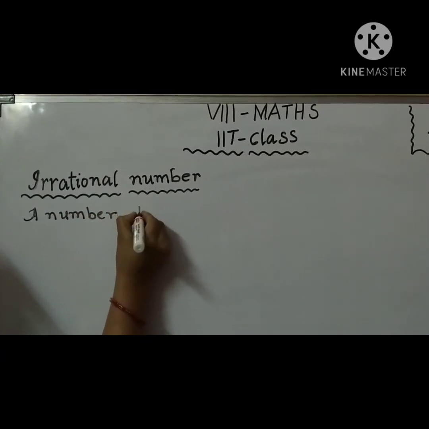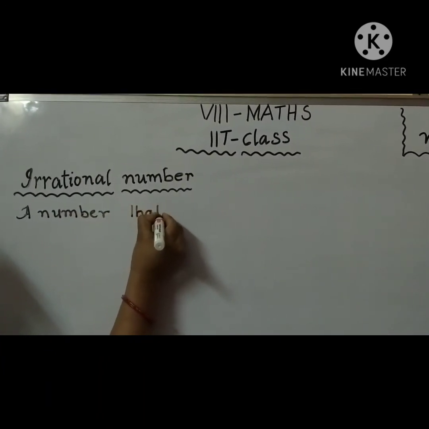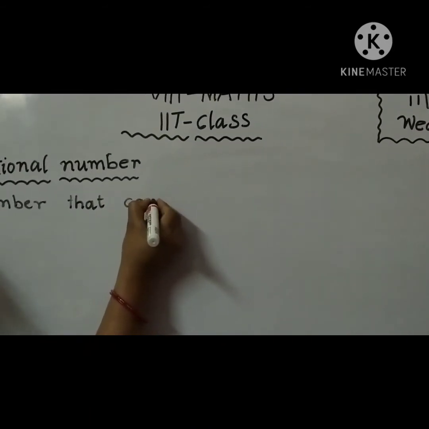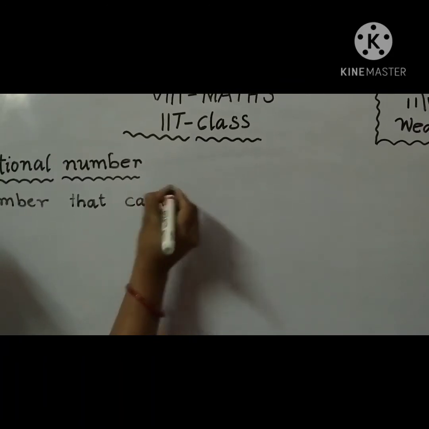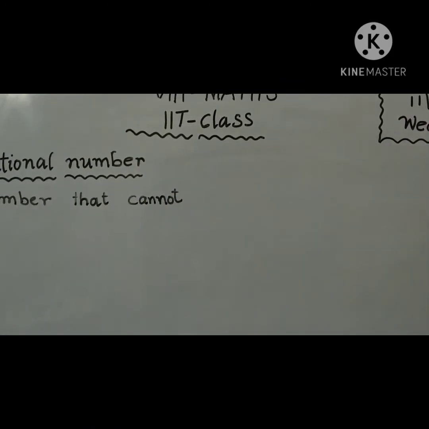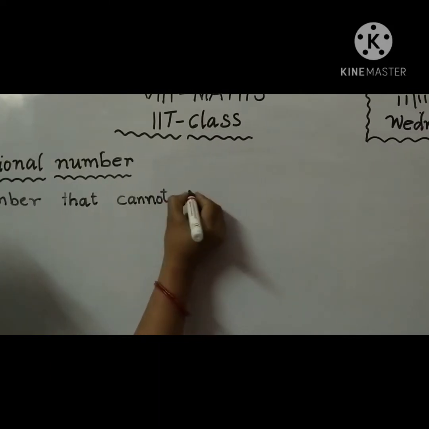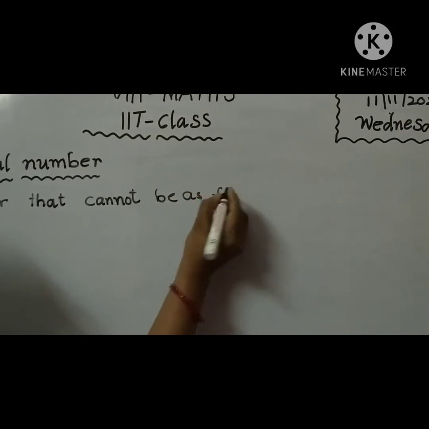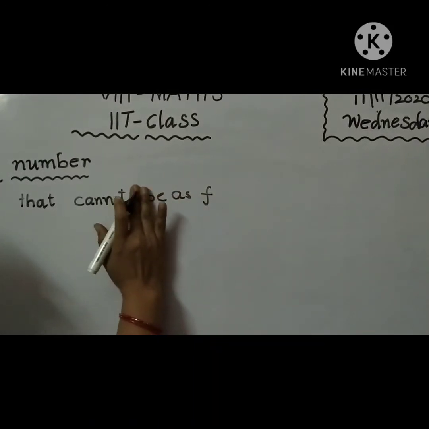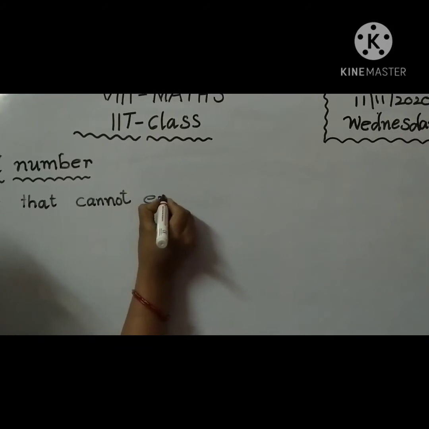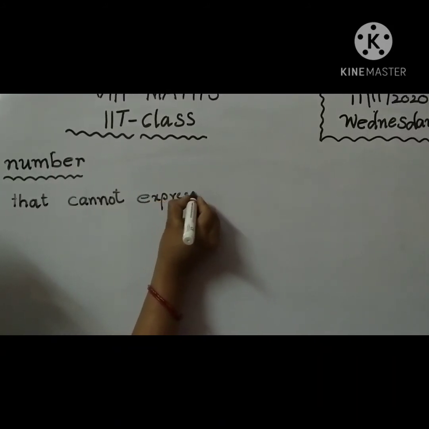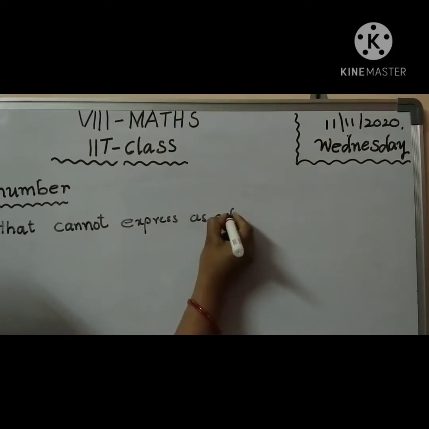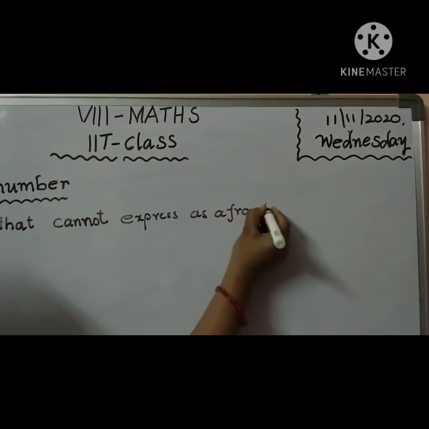An irrational number is a number that cannot be expressed as a fraction.